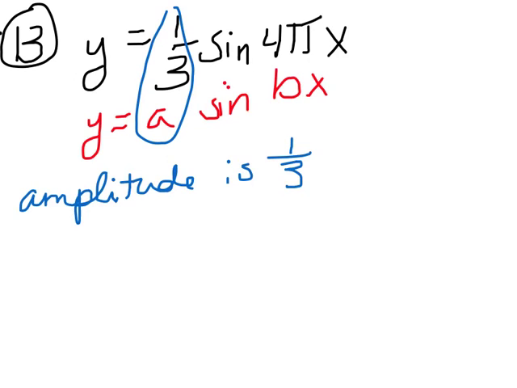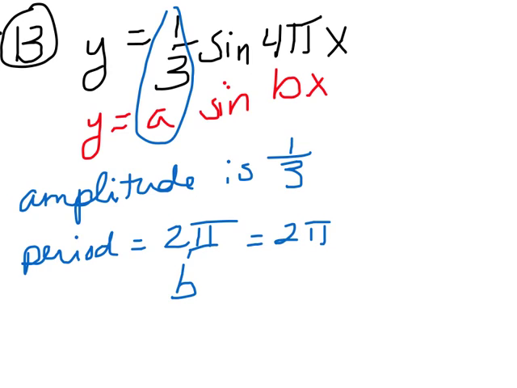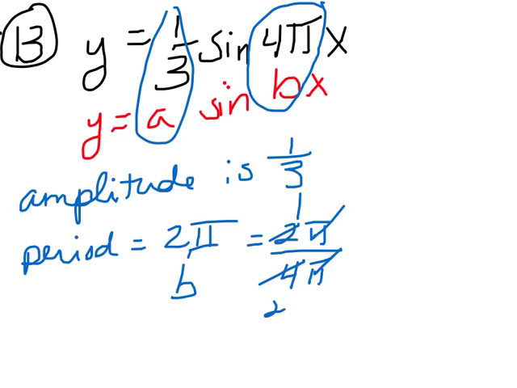How am I going to find my period here? It's 2 pi over b, so what is b here? 4 pi. Anything in front of the x is your b. So 2 pi over 4 pi. The pi's cancel out, and I get, what, a half is my period? That's kind of weird. So every 0.5, I've completed a cycle of this thing.